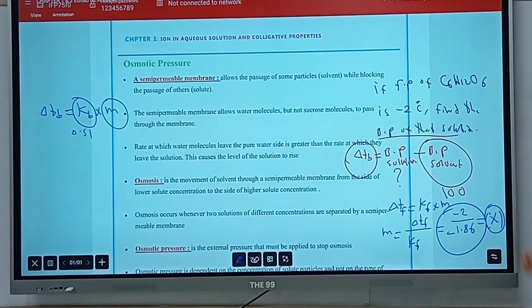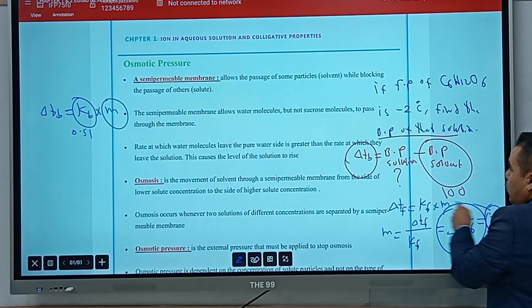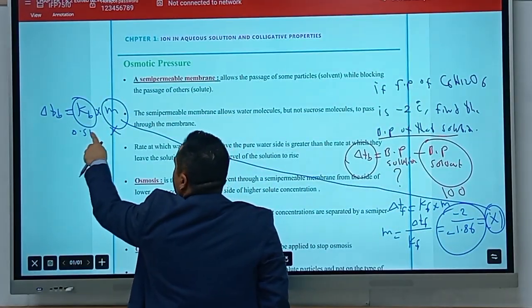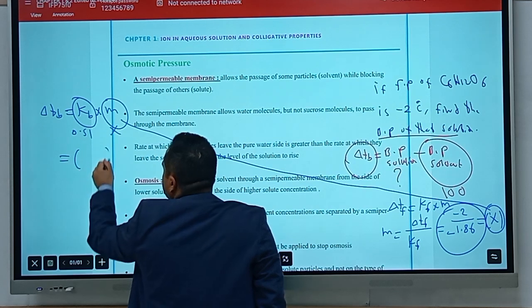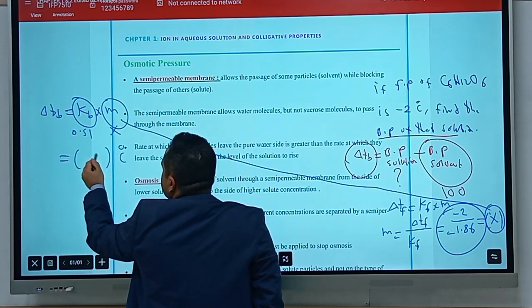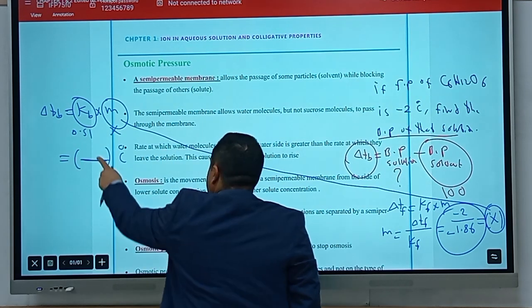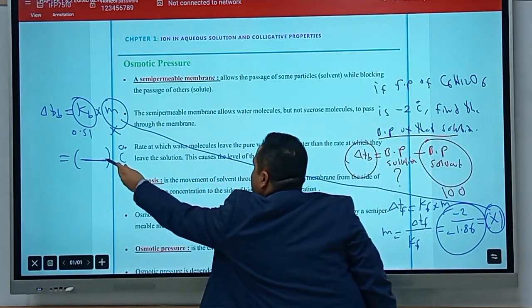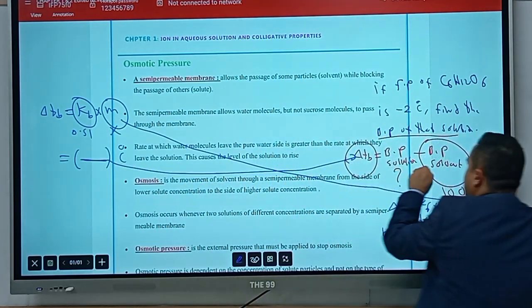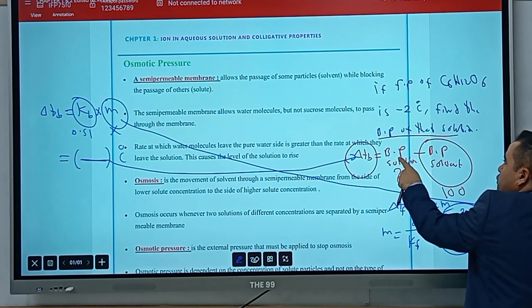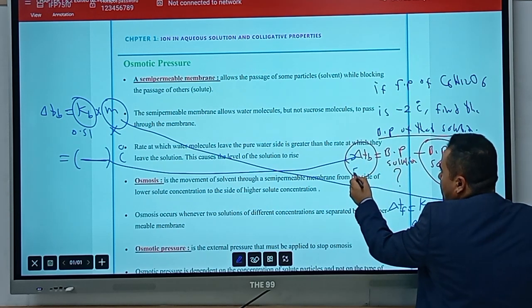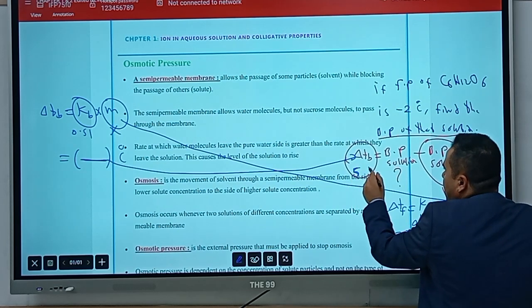And if you calculate this molality, take the molality to here, the X, multiply by 0.5, you'll get the delta TB. And if we calculate the delta TB, take the delta TB to here to calculate the boiling point of the solution. So for example, delta TB is equal to 5, for example, 5.